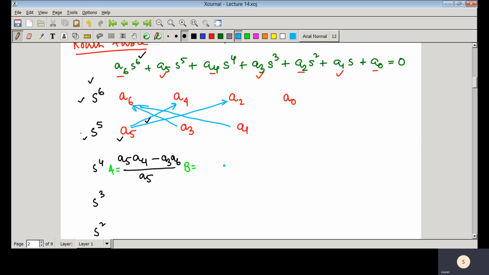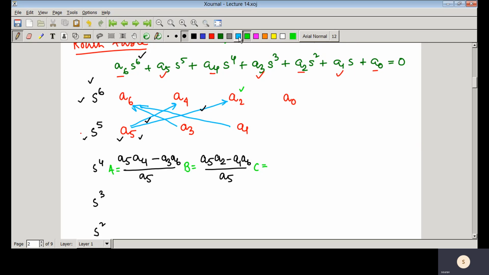So we have a5 into a2 minus a1 a6 divided by a5.